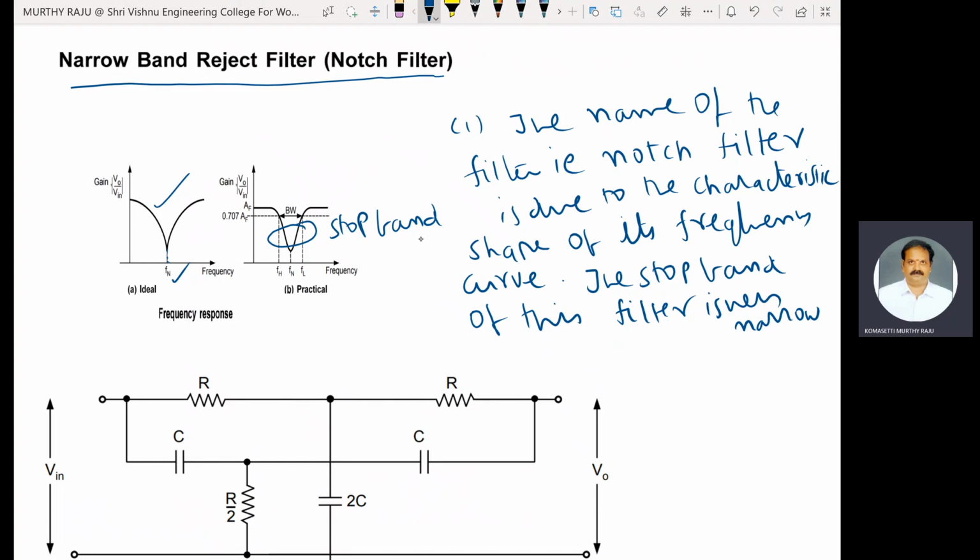The typical application of this notch filter is the rejection of a single frequency. It notches the single frequency, such as 50 Hz power line frequency hum.